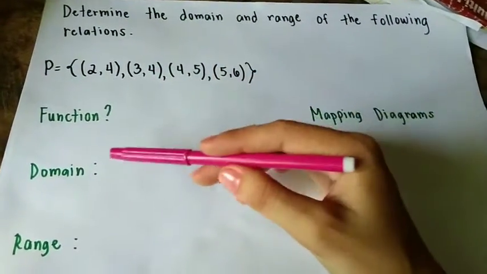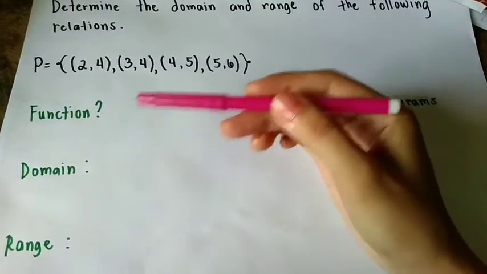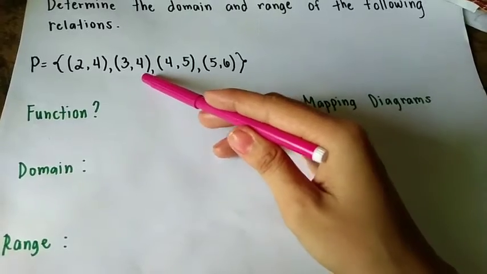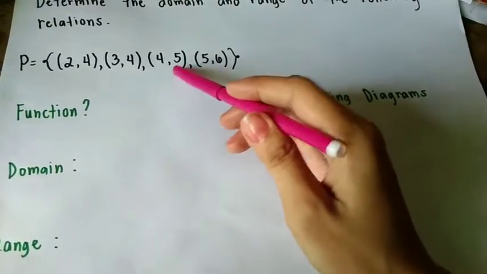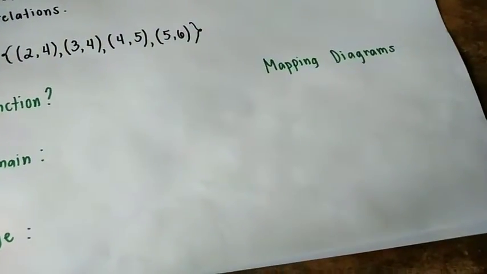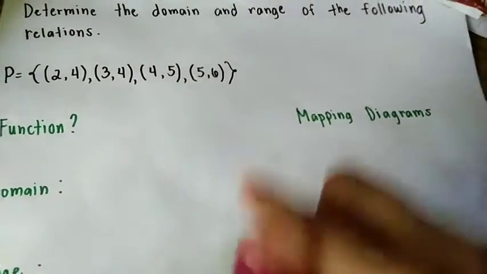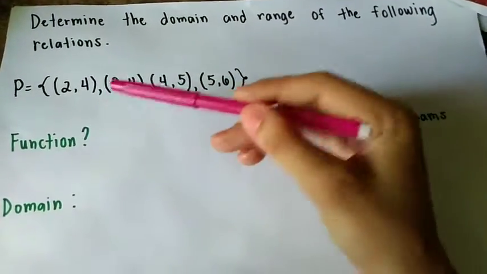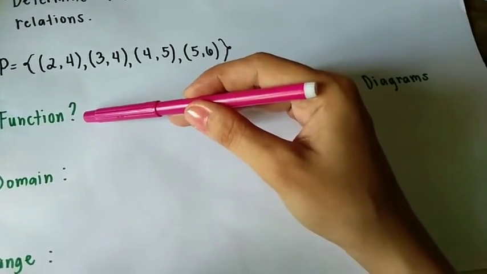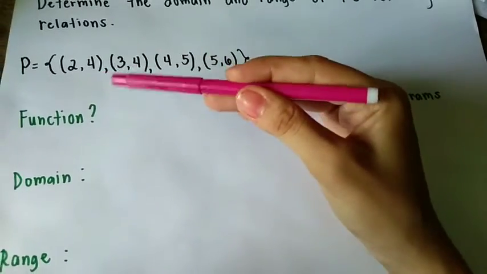Now, before we determine the domain and range, we're going to determine first if the relation, this set of ordered pairs, is a function or not. So, we can say that a relation or a set of ordered pairs is a function if no two ordered pairs have the same x value.